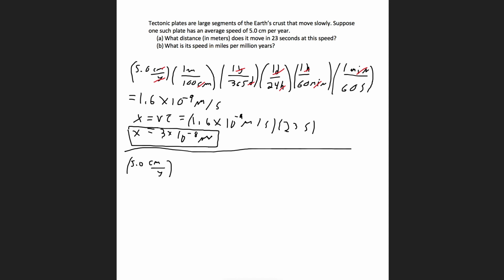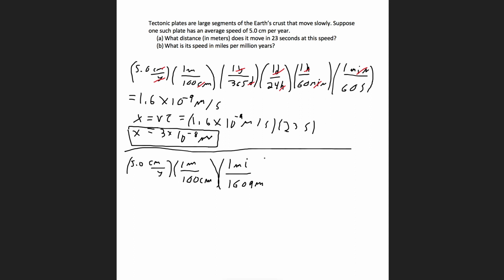Now we want to convert our distance to miles. So how many centimeters are in a mile? Well, we know that 1 meter, again, is 100 centimeters. And we know that 1 mile is about 1,609 meters.